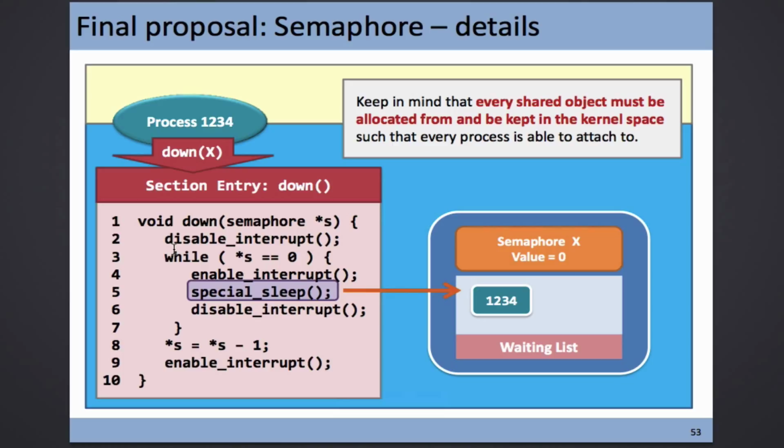Because I want to go to sleep, because the lock is already locked. You lock it again, I will give you a penalty: you go to sleep, be blocked. So I will first enable back the interrupt so that I don't carry the interrupt into the sleeping state. Very horrible if I forgot to enable interrupt and I sleep. You need to reboot the system. So enable interrupt and then sleep.